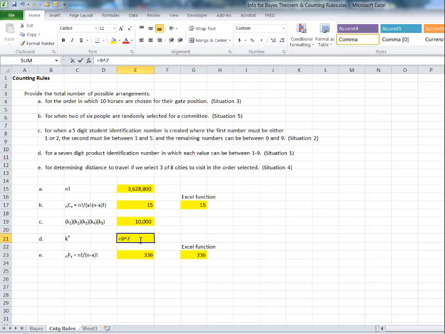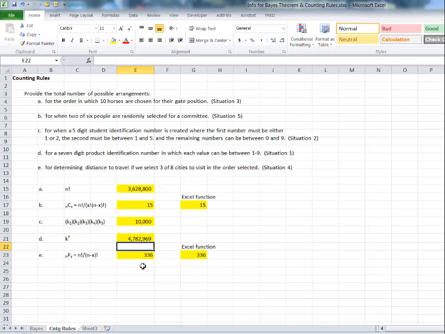So you just take 9 to the nth power, so 7th power in this case. So there are 4,782,969 possible ways. So the likelihood that you'll get a product number that's all ones is 1 out of that number.